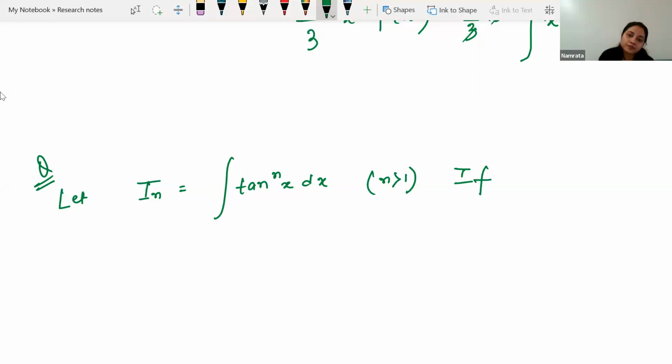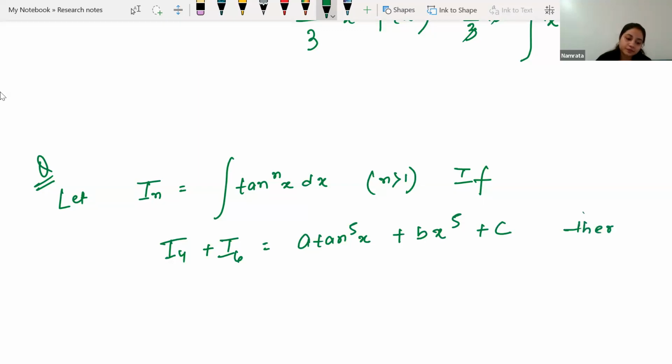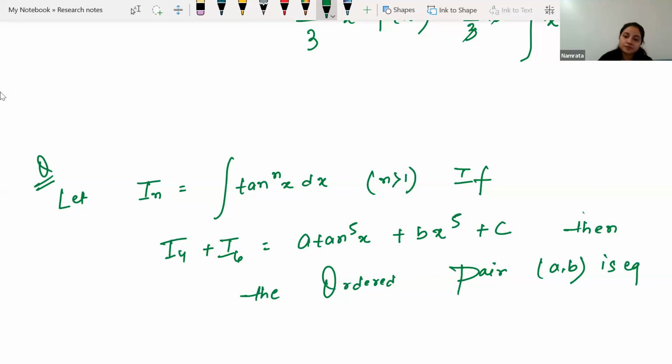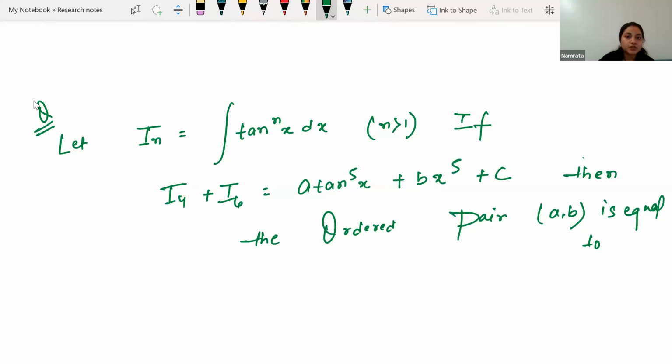If I4 plus I6 is equal to A tan to the power 5x plus B x to the power 5 plus C, where C is the constant of integration, then the ordered pair AB is equal to, we have to find AB over here.